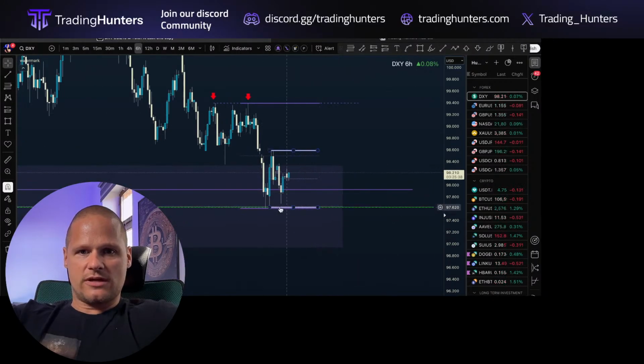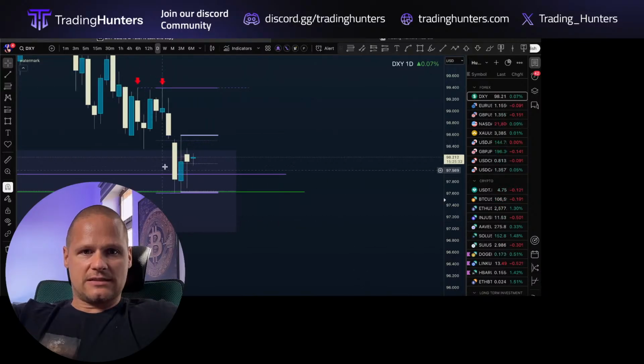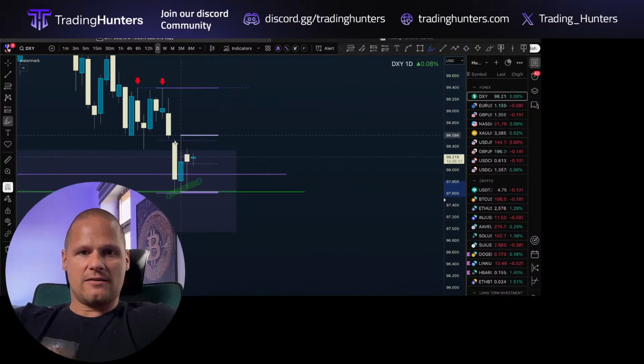Weekly range low here, Friday's range low here, and if we drop to daily, we can see the Thursday low, Friday's low, and Monday low are very close, these three lows. So in my opinion, we have a lot of liquidity below, and I do not think we will go higher just like this from here.